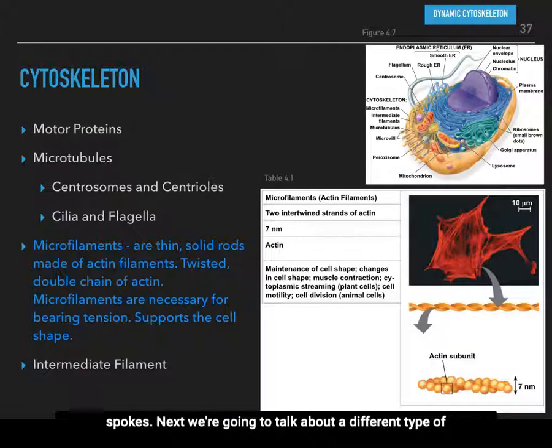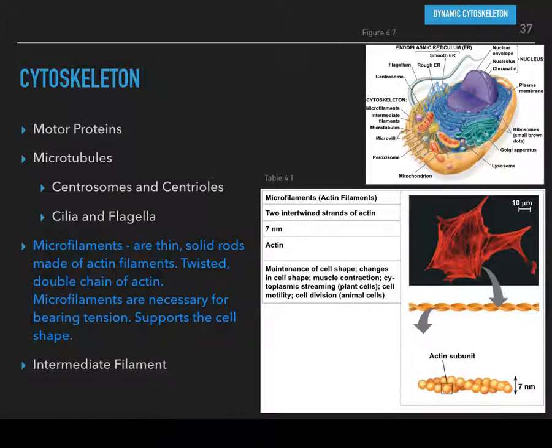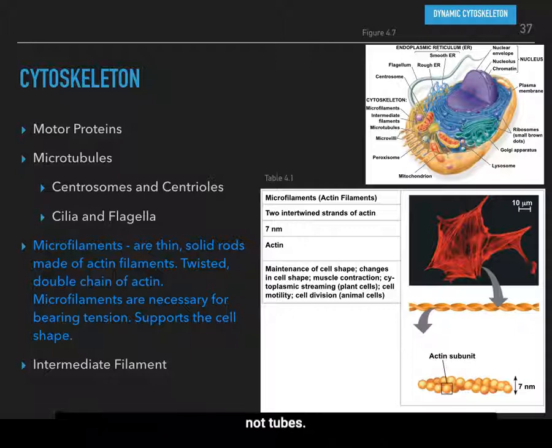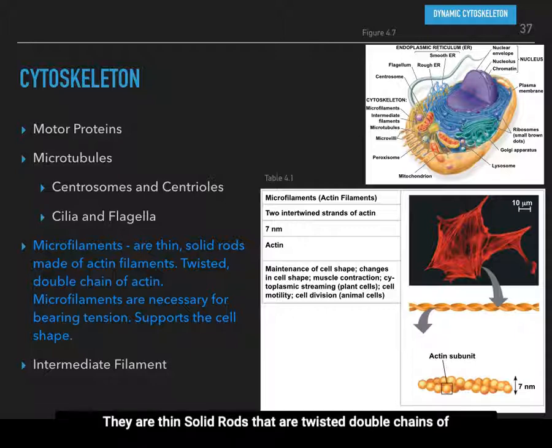Next, we're going to talk about a different type of structural protein, the microfilaments. These are different from microtubules because they are rods, not tubes. They are thin, solid rods that are twisted double chains of the protein actin. Microfilaments are necessary for supporting the shape of the cell by bearing tension.